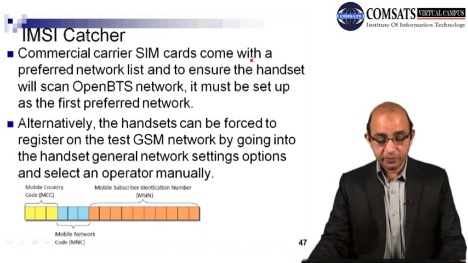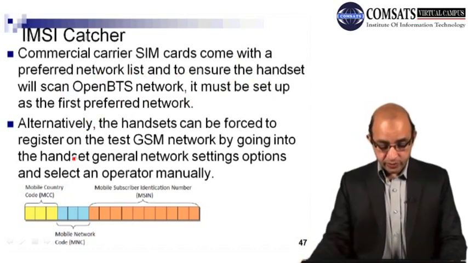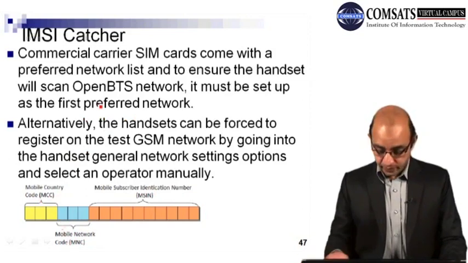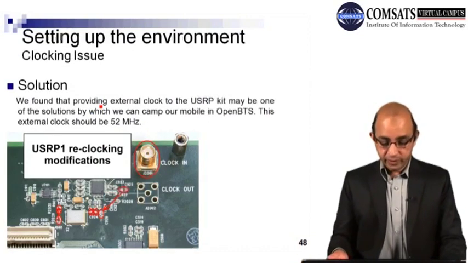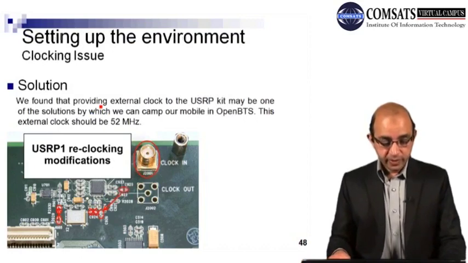A SIM card comes with a preferred network list, and to ensure the handset will scan the OpenBTS network, it must be set up as the first preferred network, right. So the mobile subscriber identification number, this is actually the IMSI, mobile country code, mobile network code. So first of all we have to catch the IMSI.